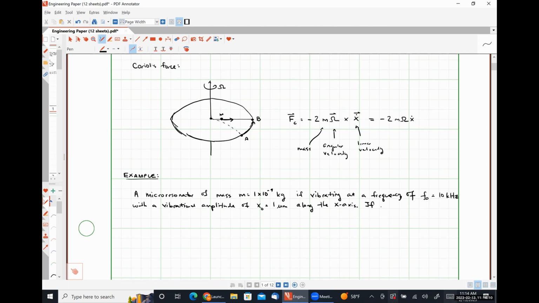If the resonator is on a rotating platform, which spins at an angular velocity of capital omega is equal to 2 pi radians per second. So 1 revolution every second.